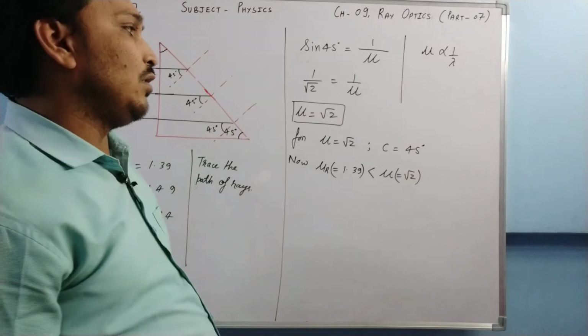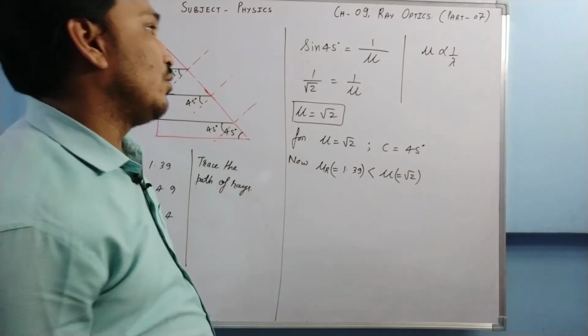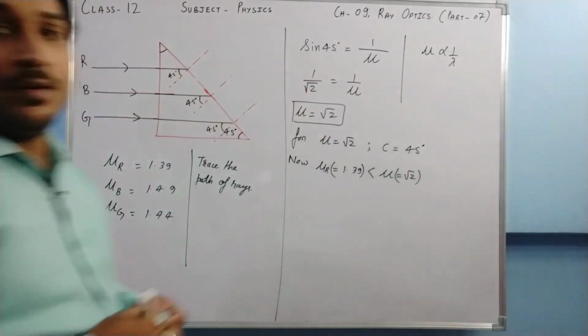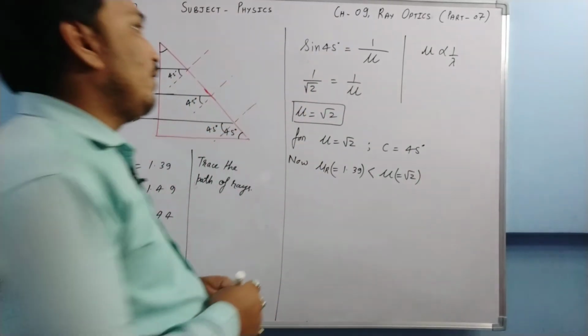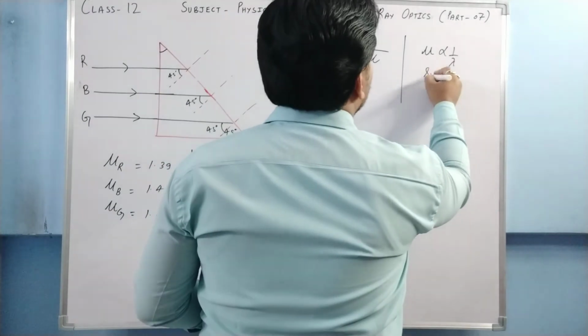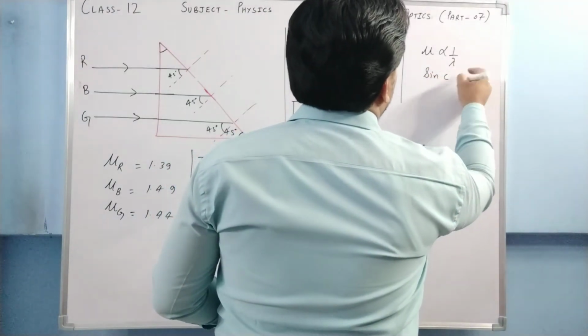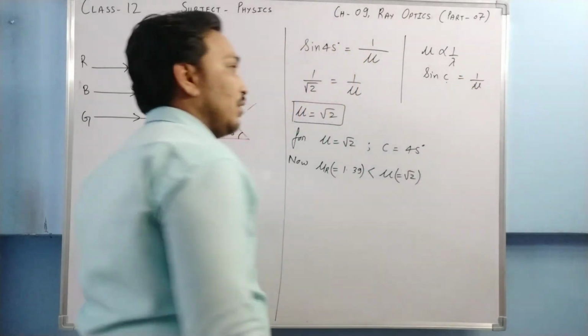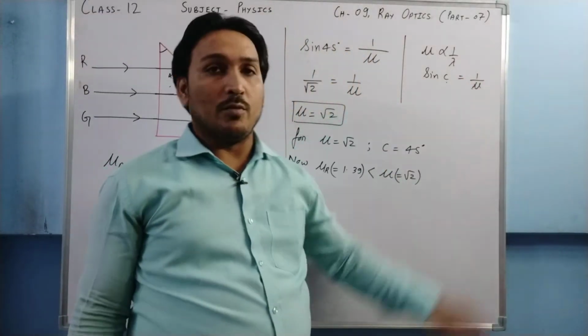And here also, sine C for air is 1 upon mu. So C and mu are inversely proportional. The critical angle is inversely proportional to mu.